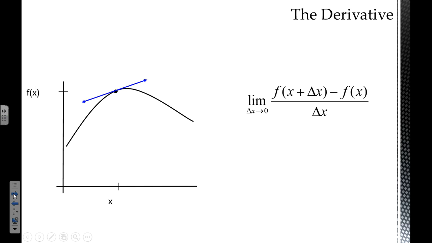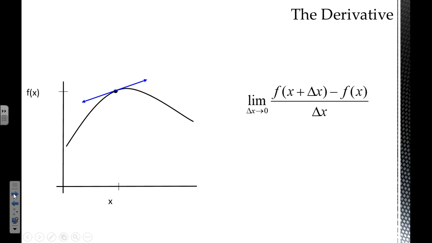So when we're taking the limit of the difference quotient, what are we finding? What about the tangent line? The slope. The limit of the difference quotient is actually calculating the slope of the tangent line.